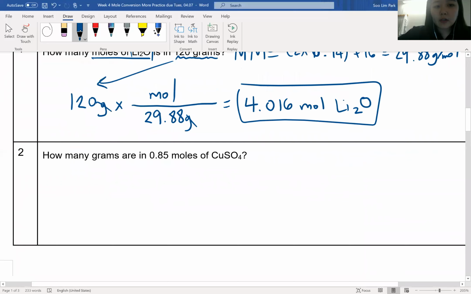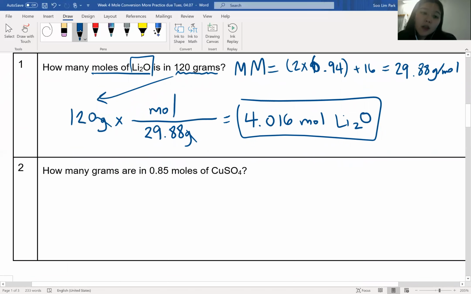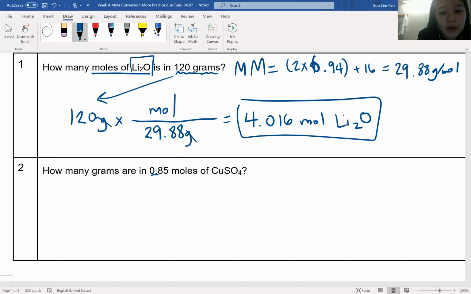All right, let's do number 2. It says how many grams are in 0.8 moles of CuSO4? All right, so we need to first find the molar mass of CuSO4. So I'm going to look at the periodic table. Copper, Cu, is 63.55.